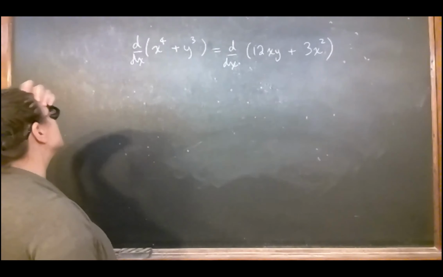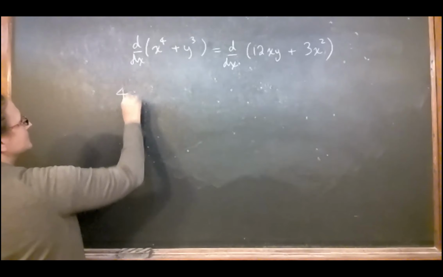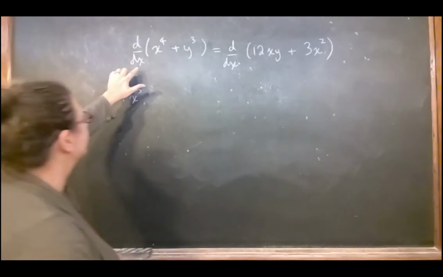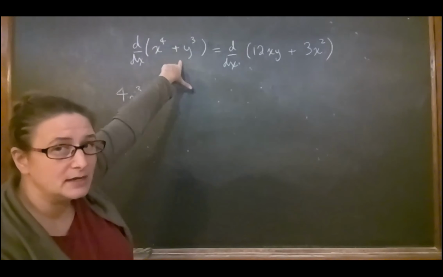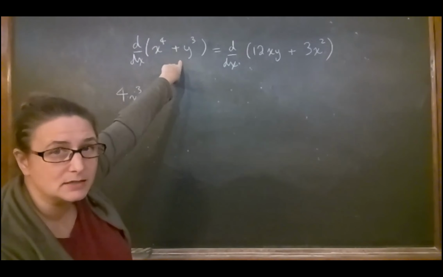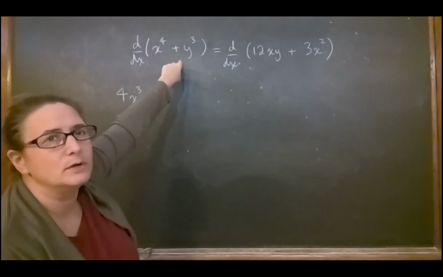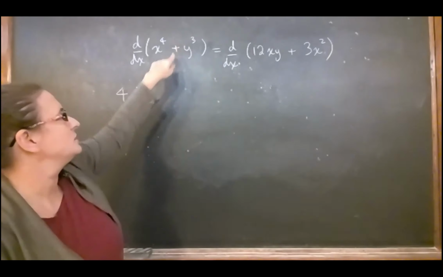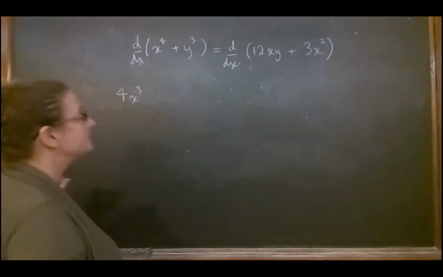So the derivative of x to the 4 is 4x cubed. I'm taking the derivative with respect to x. Now I've got the derivative of y cubed, but I'm taking the derivative with respect to x. So I'm just using the chain rule as if it were a u. I take the derivative with respect to y, and then I multiply by dy/dx.